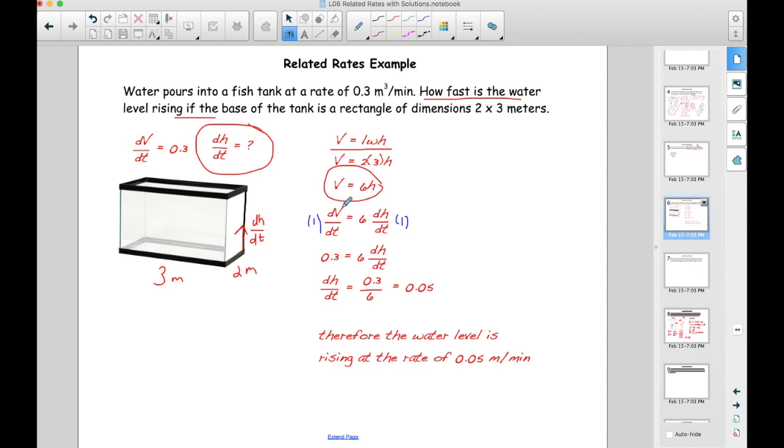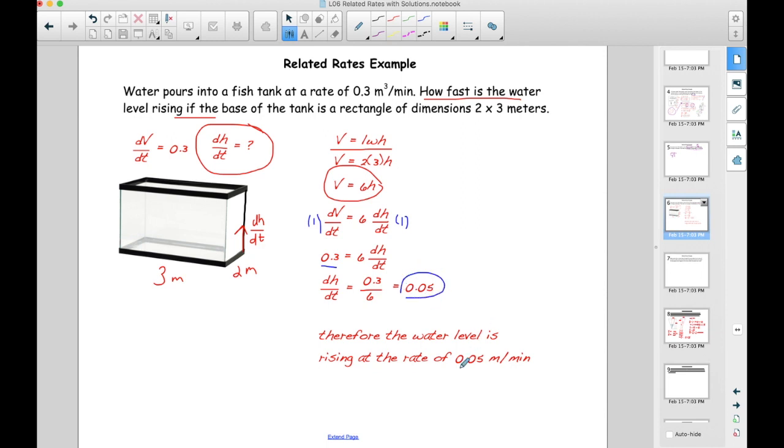So this becomes dv over dt equals 6 dh by dt. The related rate change in volume with respect to time was given to us. It's 0.3, equals 6 times dh by dt. So dh by dt is going to be equal to 0.3 divided by 6, which is 0.05.